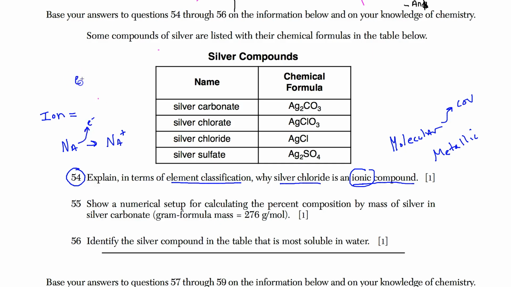How did something like chlorine go from an atom to Cl negative? It gained electrons. Electrons are transferred in order for atoms to become ions. And once they become charged, they stick together by their differences in charge. Opposites attract. So an ionic bond is a bond between ions of opposite charges, and they stick together.